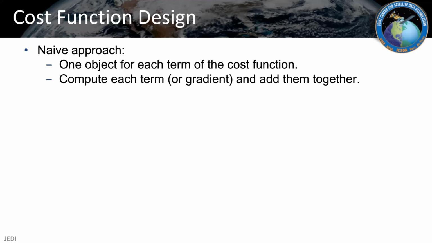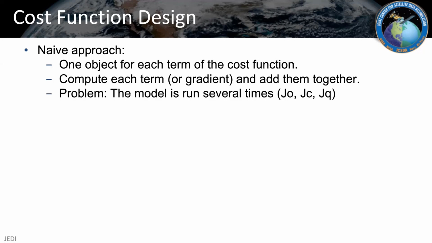One fairly simple approach is that you create one object for each term of the cost function, typically the JB and the JO. Then you can compute each term or its gradient when you need it and add them together, and that gives you your full cost function.